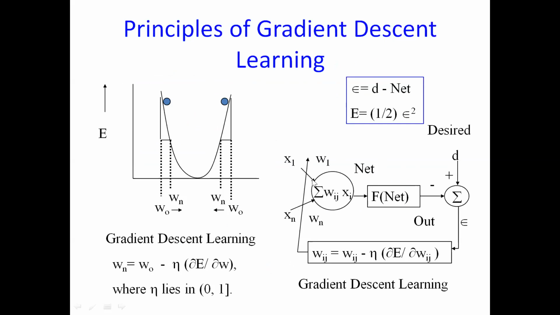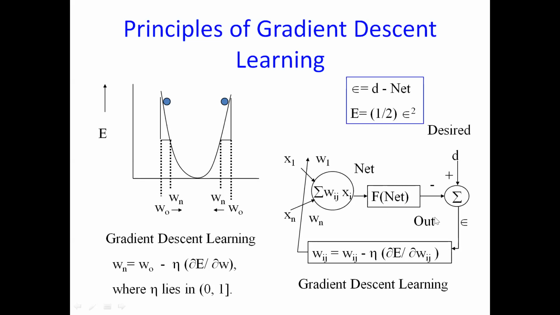We also have some associated weights, w1 to wn, and we sum all these inputs multiplied by the weight vectors. This is the net input coming to the neural net.